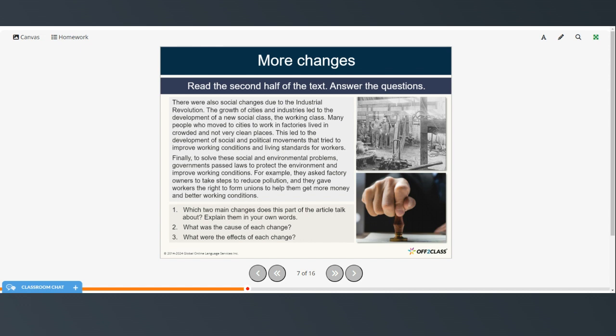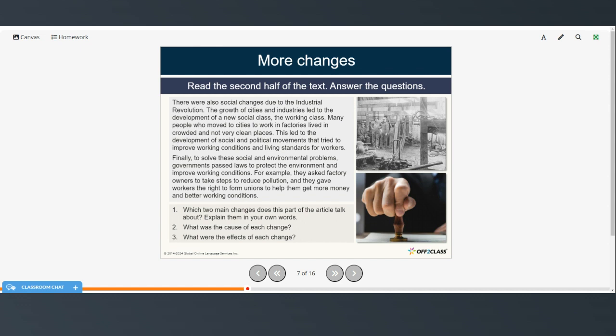Finally, to solve these social and environmental problems, governments passed laws to protect the environment and improve working conditions. For example, they asked factory owners to take steps to reduce pollution, and they gave workers the right to form unions to help them get more money and better working conditions.